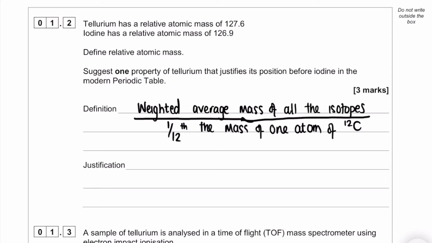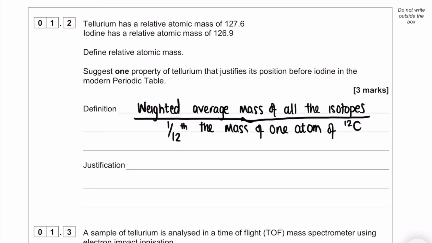And then it says, suggest one property of tellurium that justifies its position before iodine in the modern periodic table. Well, the key to the modern periodic table is that it's arranged not in order of mass number, but in order of proton number.